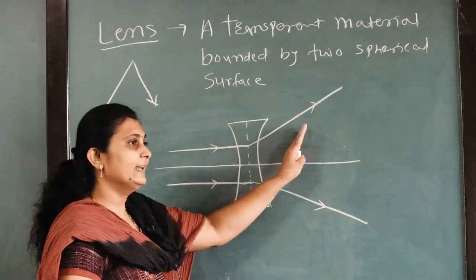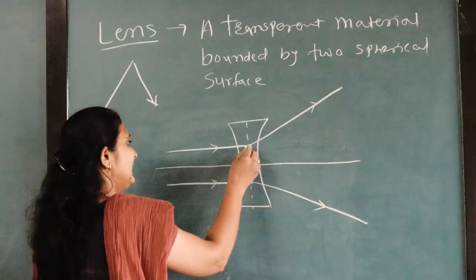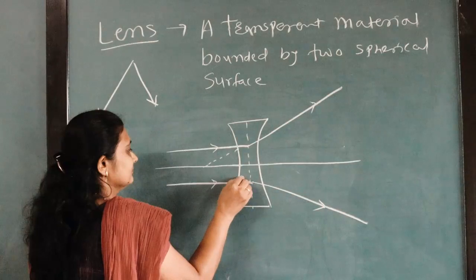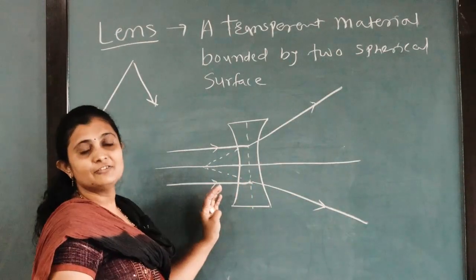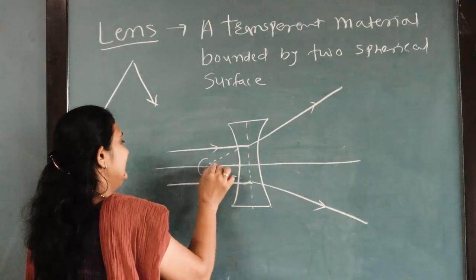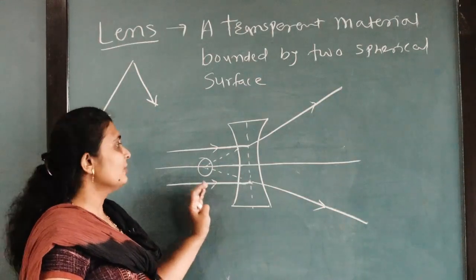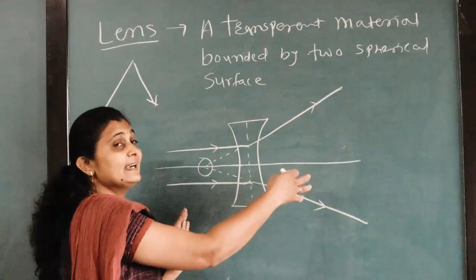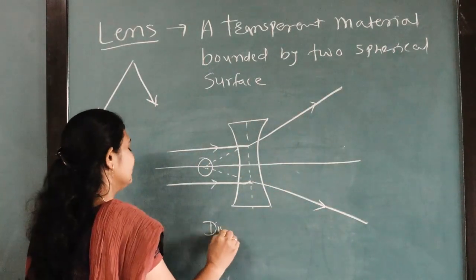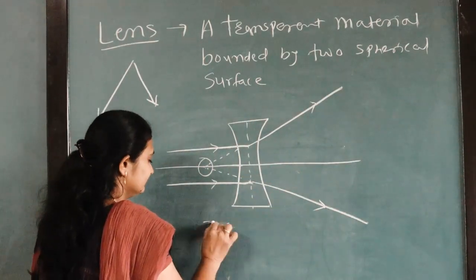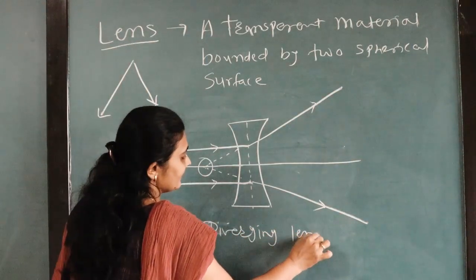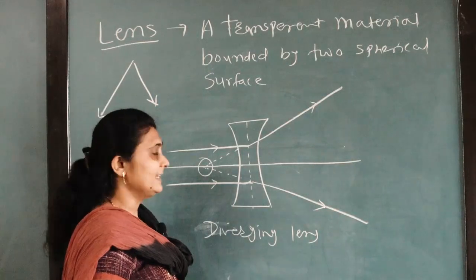They do not meet at one point, so we have to extend it backside. After extending backside, they meet at this point. So these are diverging. This lens is called the diverging lens. Rays diverge here. So this is called a diverging lens.